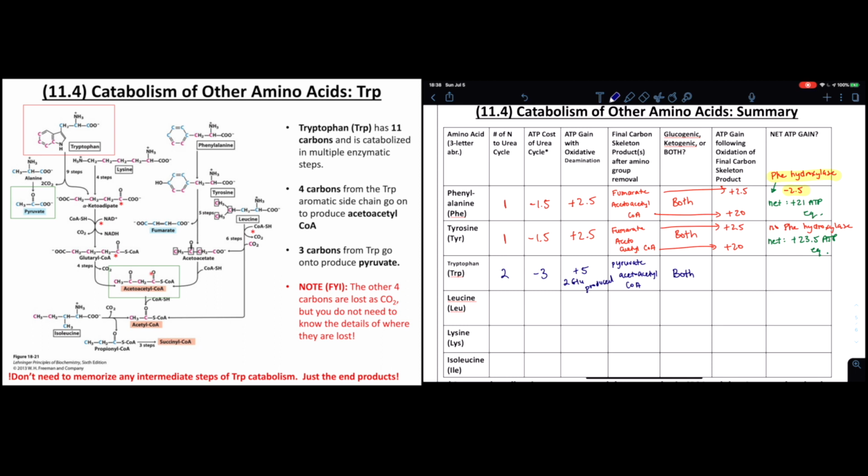So if it's pyruvate, we're just going to go through the easy one. We're just going to say it's pyruvate dehydrogenase, which is going to make 12.5 ATP. Okay, and acetoacetyl-CoA is going to make 20 ATP.